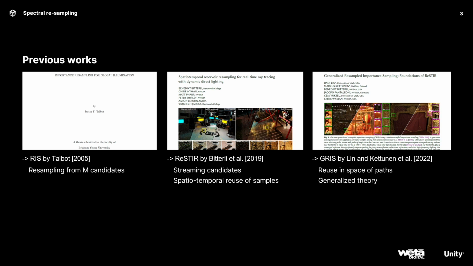Another work that we heavily built on is the generalized resampled importance sampling that is being presented in this year's SIGGRAPH by Lin and Kettunen and colleagues. This work is mostly important for us because it provides a great generalized theory, and we try to stick with our notation so that we comply with their framework.